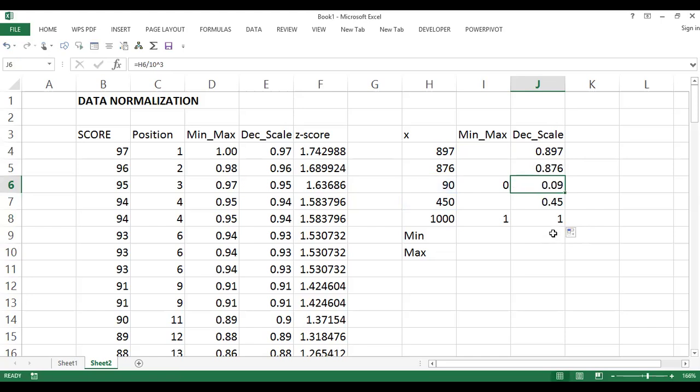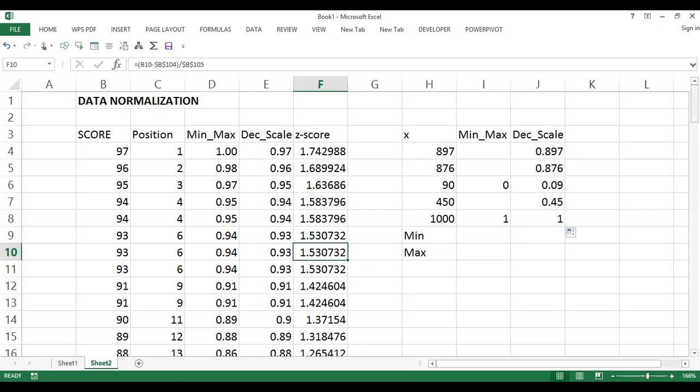Sorry, you were saying something about how you remove the minus sign. I didn't get it. You remove the minus signs from the Z-score? I didn't say you remove minus signs.